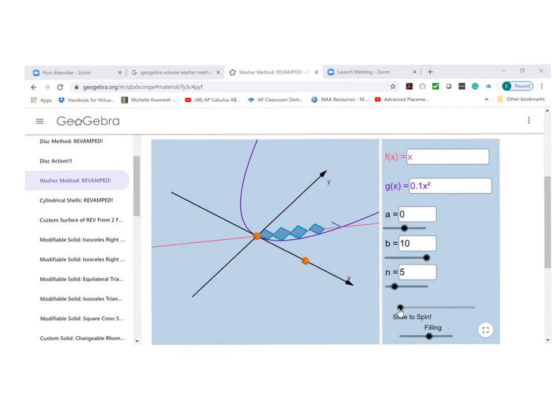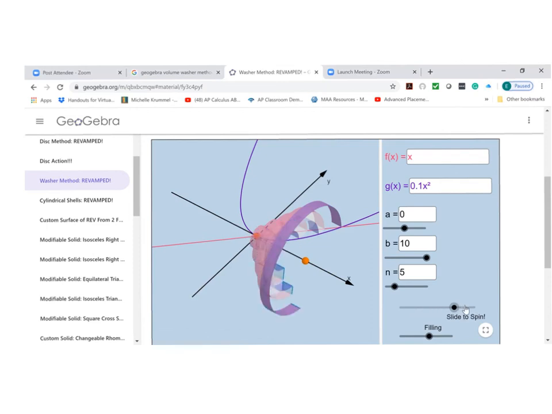If we rotate these around the x-axis, we get the washers. And notice that each of these are washers. Okay, now the volume of this washer would approximate the volume of the solid.